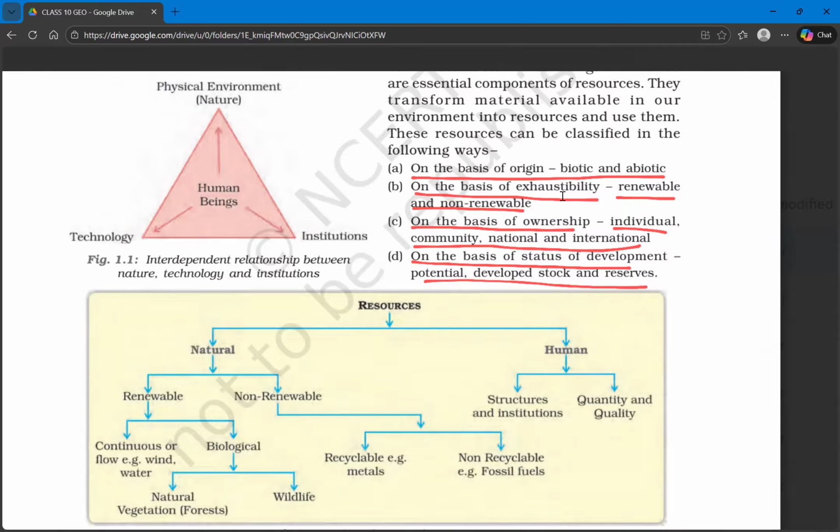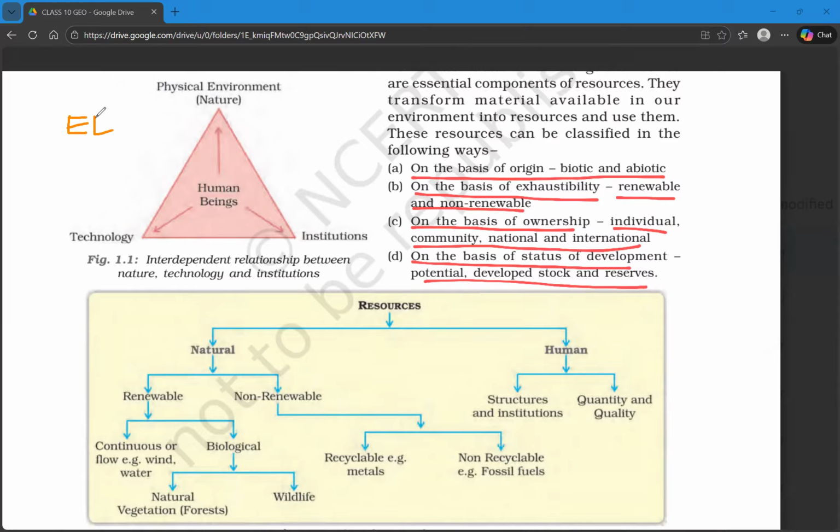Then we have national resources, where the nation has legal powers to acquire and do anything with the resources that come under national jurisdiction. And international resources are the open ocean waters that are beyond the exclusive economic zone. Let me explain what the exclusive economic zone, the EEZ, is.